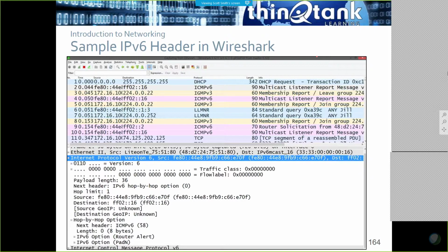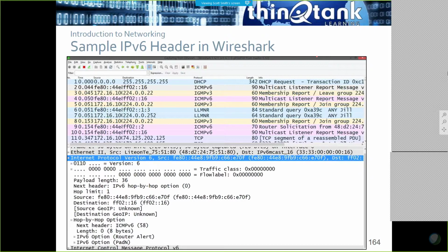I've got my flow label field, which is 20 bits. Right? 4, 8, 12, 16, 20. My payload length, 36 bytes. That means that there's 36 bytes of data carried inside of IP. Remember, that payload length field does not include the header length like it did in IPv4.